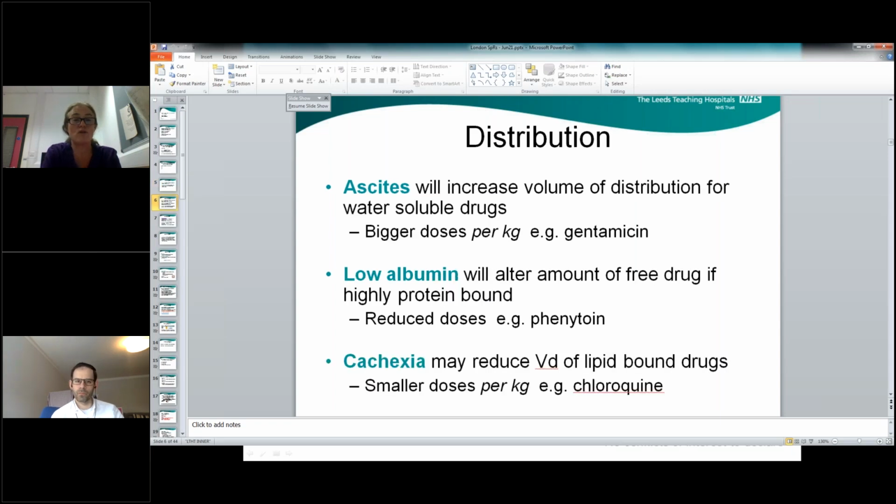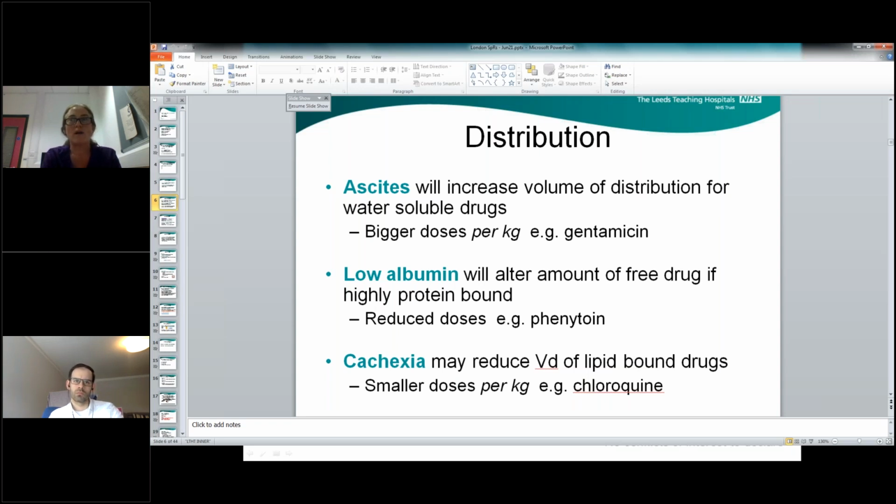When we think about distribution, that's where the drug is going in your body, and ascites is going to have quite a significant effect on water-soluble drugs, because suddenly you've given a much bigger water volume to a patient. So you're actually going to need bigger doses per kilo, particularly of things like gentamicin, which is highly water soluble, in order to get adequate levels to achieve your MIC.